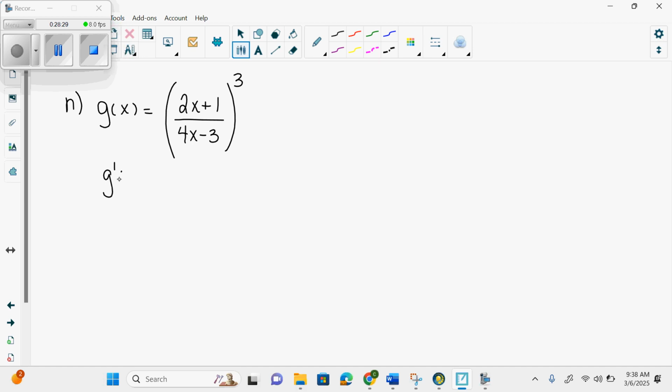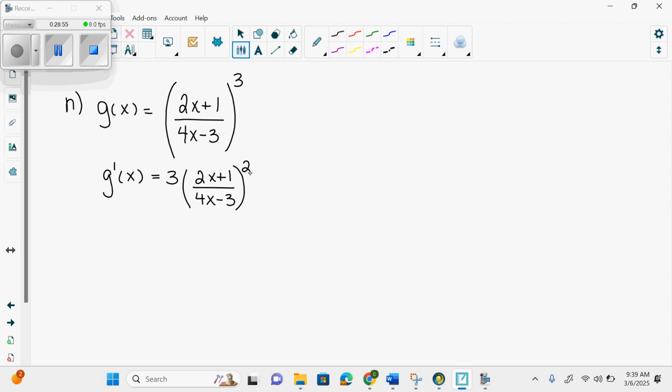So we have g prime of x. I have to do chain rule. And what is chain rule? I take the 3, I drop it in front, I rewrite the inside, and then I reduce my exponent by 1. Correct? And then what's the chain behind that?